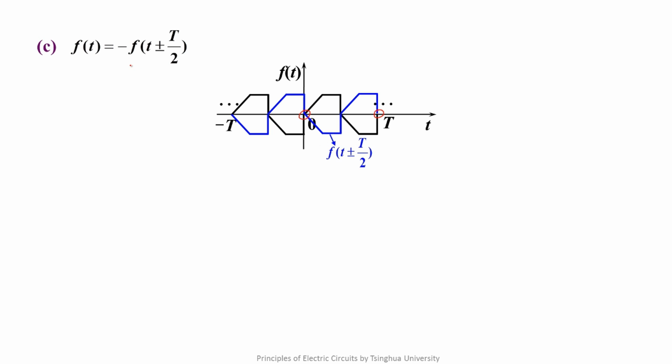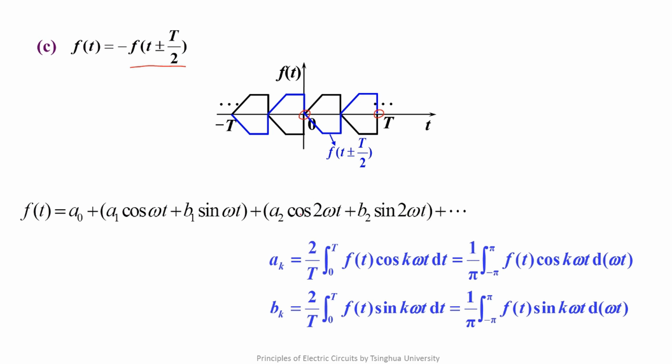This is just the part in the expression. If the signals before and after the movement are symmetrical to the horizontal axis, the signal is called half-wave odd symmetrical. For a half-wave odd symmetrical signal, from this expression, we can derive that it only has odd harmonic waves.